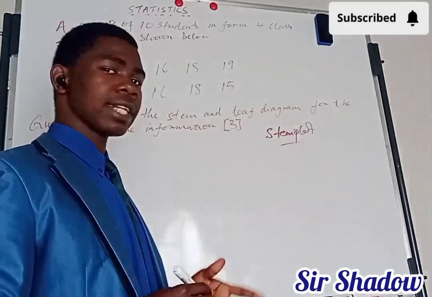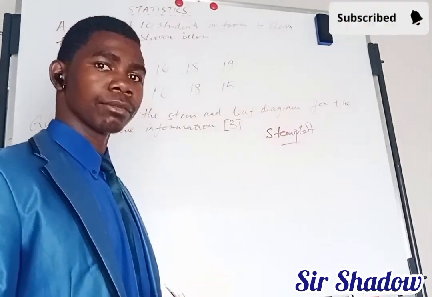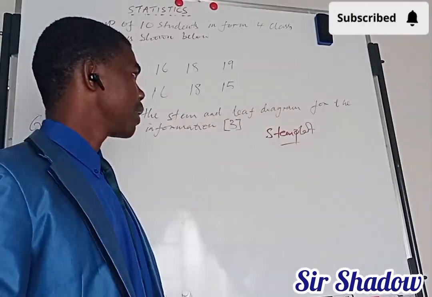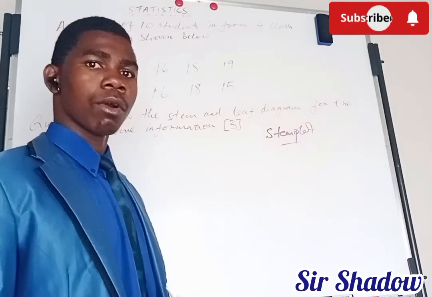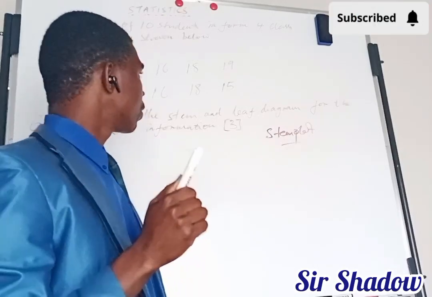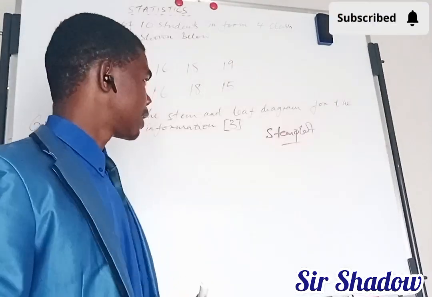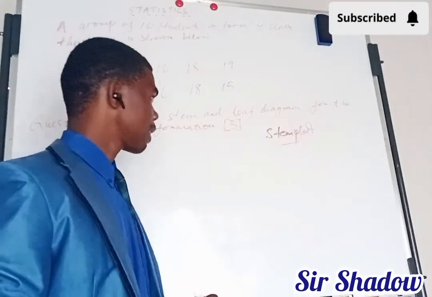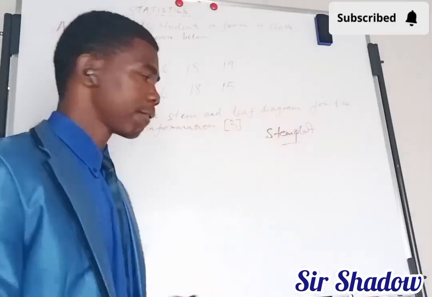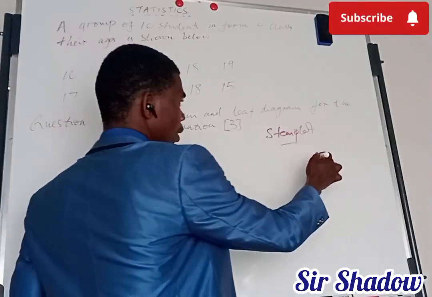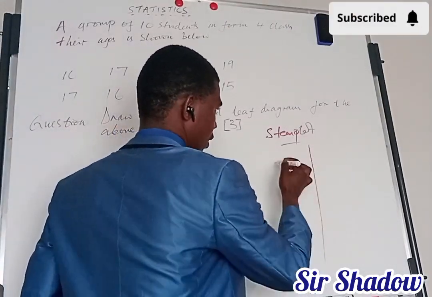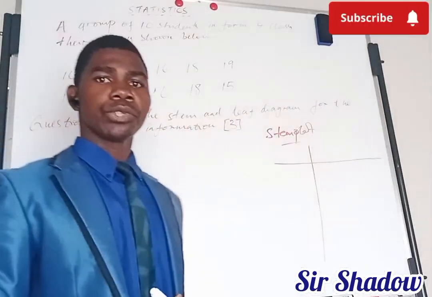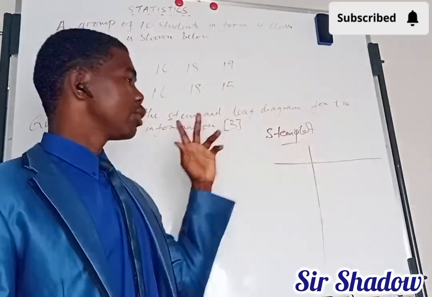So in order to show this data on a stem and leaf diagram, first of all, we have to draw the draft of this given data. For the draft, we should divide these values into two.